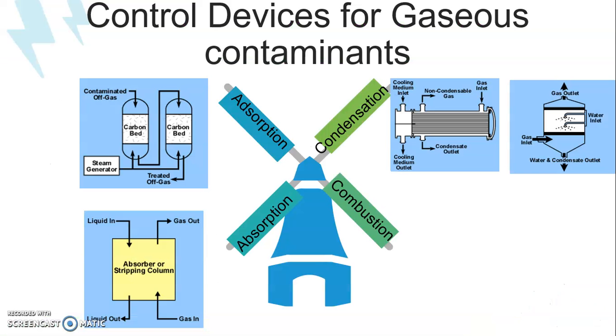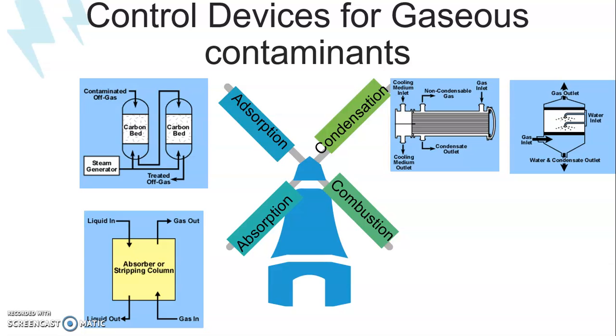The equipment I've explained just now focuses more on particles. Now we look at control devices for gas pollutants. Let's say you have sulfur dioxide gas, or acidic gas. How are you going to treat that kind of contaminant in the air?